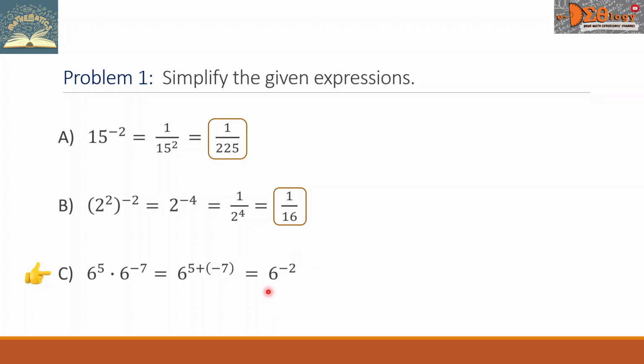So now we simplify 6 with the power negative 2. We're showing this as a fraction. 1 as numerator all over 6 squared. Now the power becomes positive. Then we simplify 6 squared, that is 36. Finally, the answer is 1 over 36.